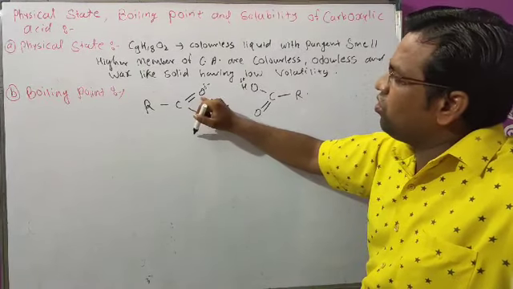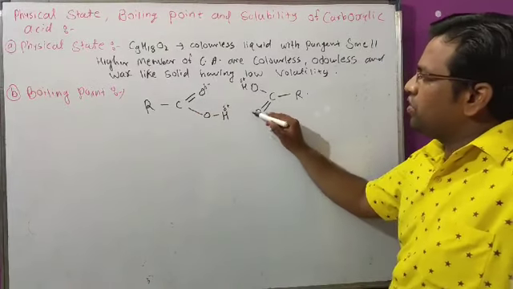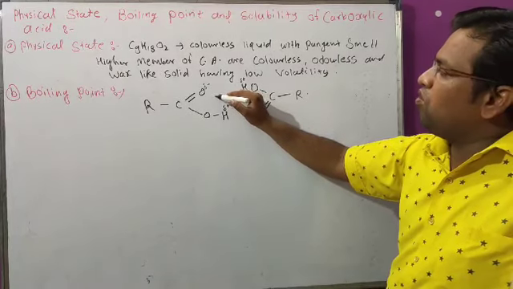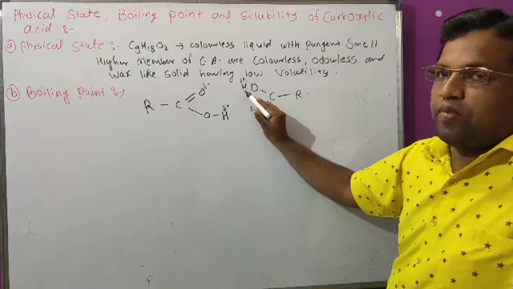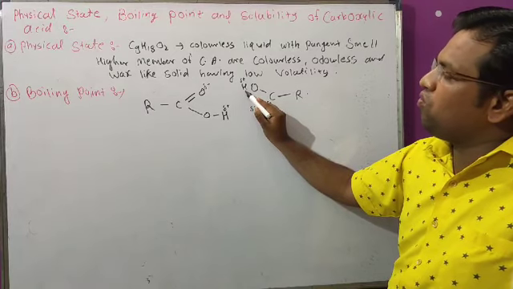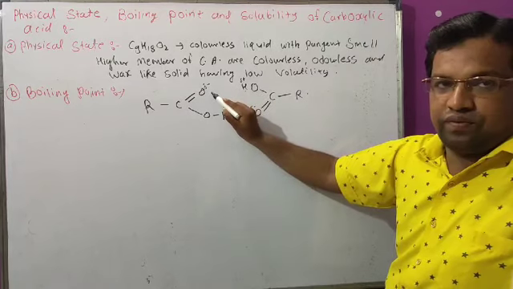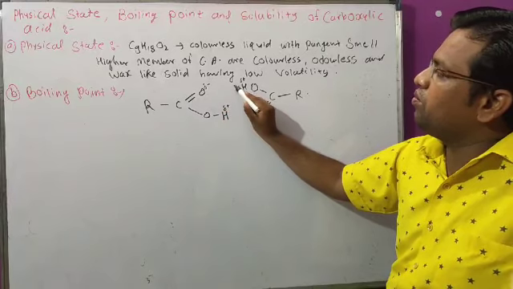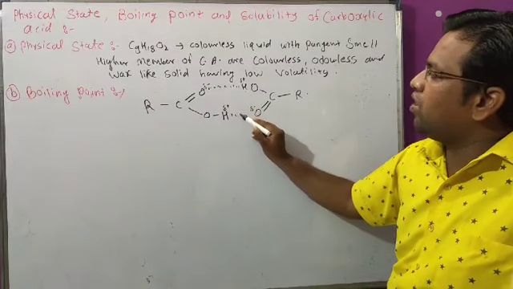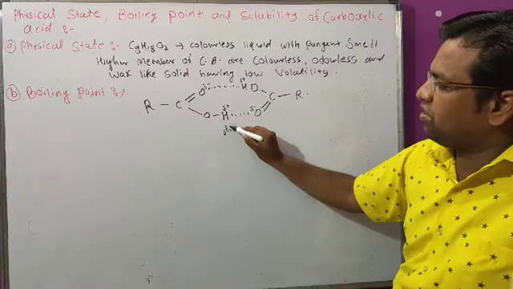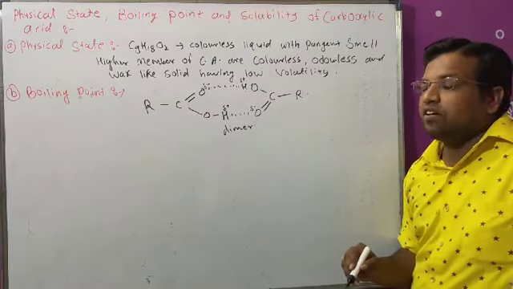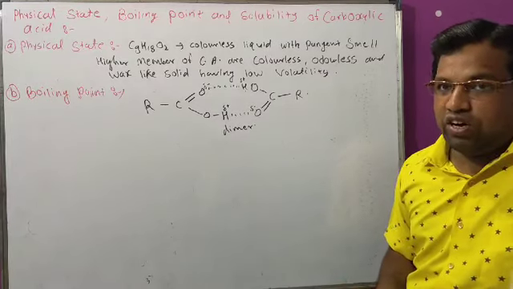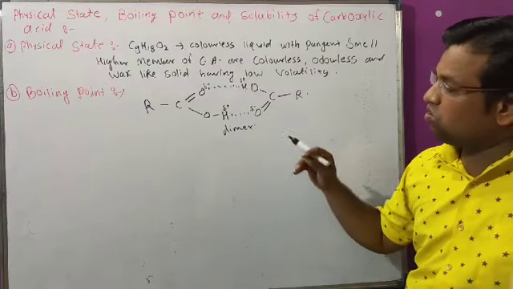Therefore, hydrogen bonding is formed between the acidic hydrogen atom of one carboxylic acid molecule and the carbonyl oxygen atom of the other, giving the dimer structure. Due to this hydrogen bonding, the van der Waals force of attraction also increases.